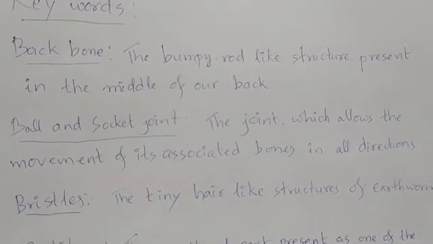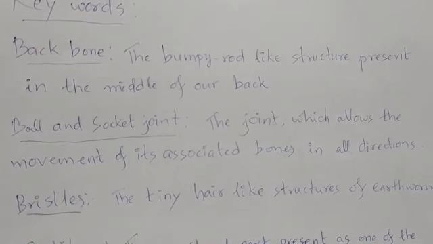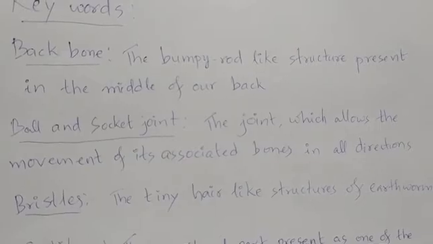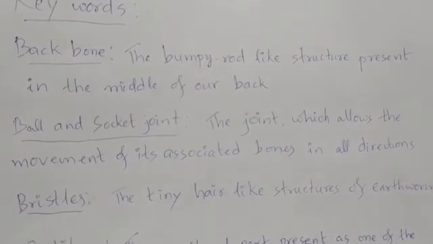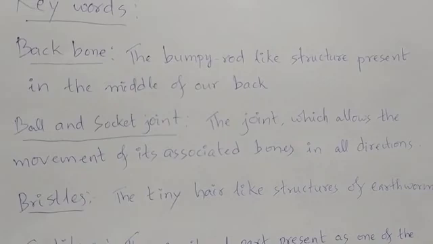The joint between shoulder and arms, the joint between hip and thigh bone, are examples for ball and socket joints.